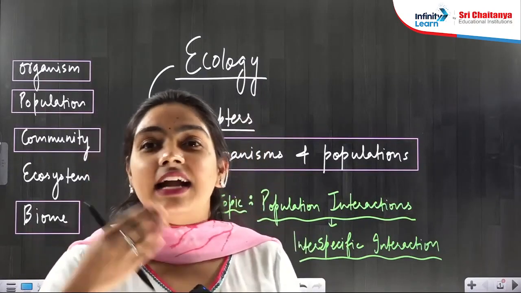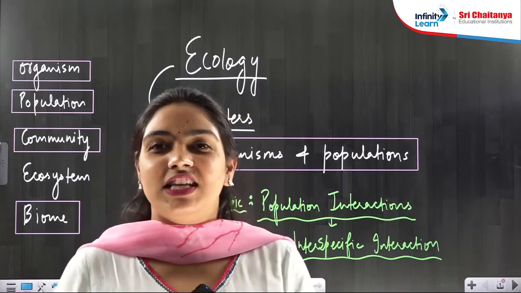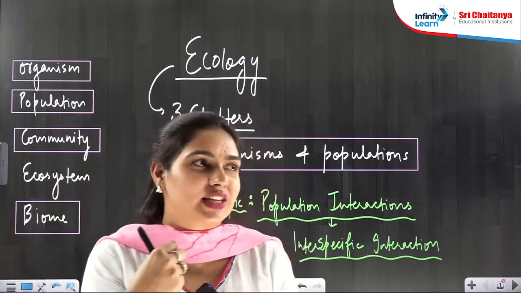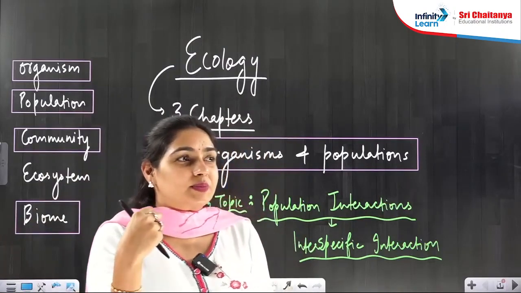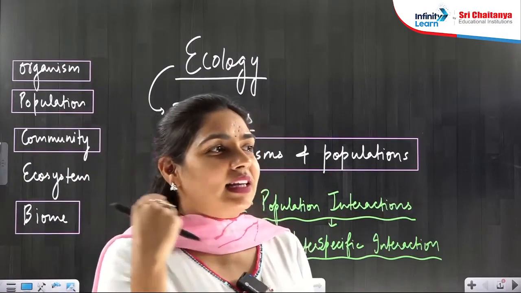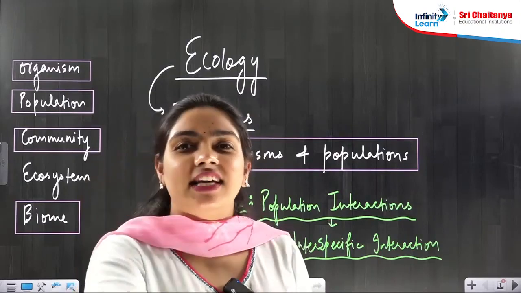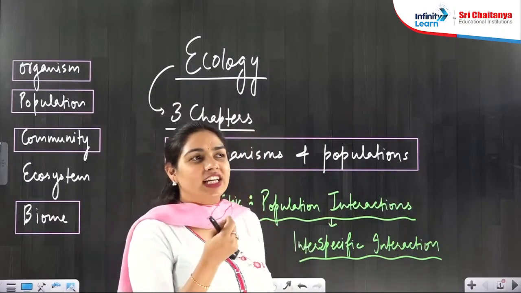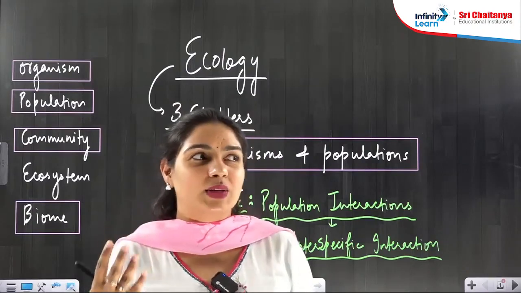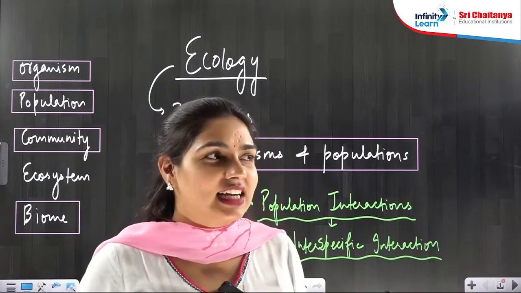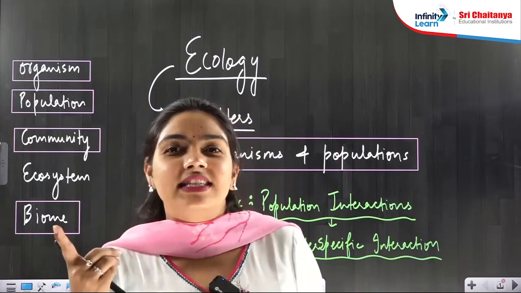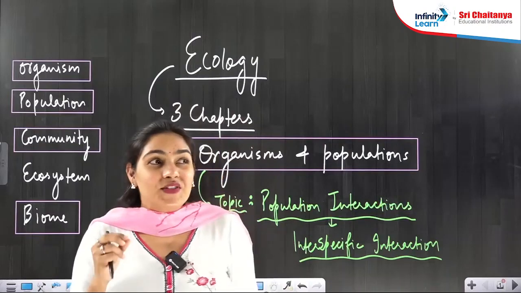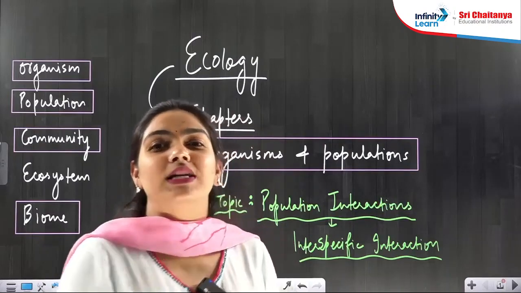If a cat and a rat are interacting, if the cat is eating the rat, this is a population interaction. If you are eating chicken, it is also a population interaction. I don't eat chicken, but I know most of you do; it is your favorite, butter chicken, butter naan.